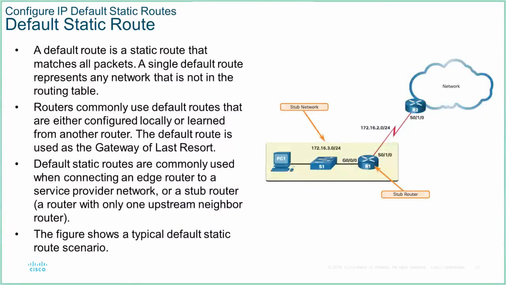So we would generally use this scenario in a stub network. Now, a stub network is where we only have one way in, one way out on the router. So we have our directly connected network, and then we have our one way out to the rest of the network.